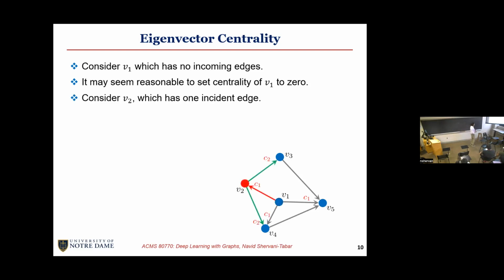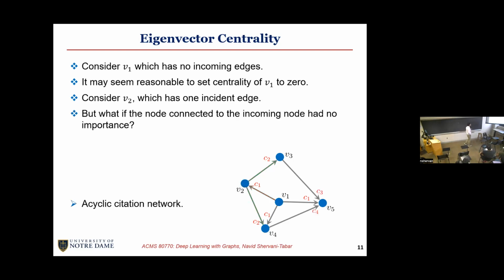We have node 2, which has 1 incoming edge and 2 outgoing edges. So this one should have some importance. But the problem is that it is getting all its importance from its incoming edge from V1. So this guy has 0 importance. So although it has 1 incoming edge, its importance is going to be 0.